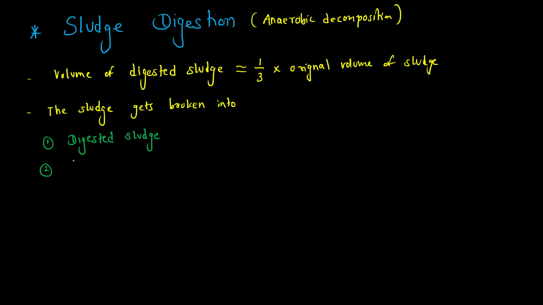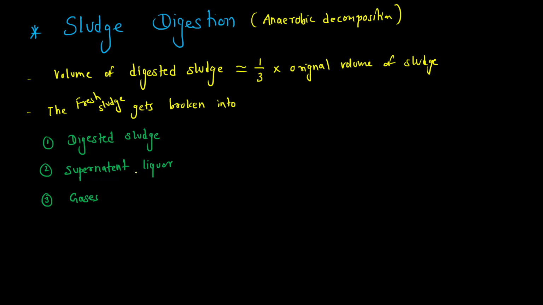The second one is called supernatant liquor, and the last is gases. Certain gases are formed due to this anaerobic decomposition. Instead of writing sludge here, we'll write fresh sludge. So the fresh sludge gets broken into digested sludge, supernatant liquor, and gases.